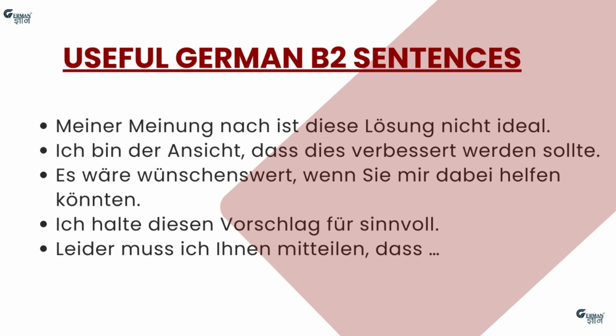Third one, Es wäre wünschenswert, wenn Sie mir dabei helfen könnten, means it would be desirable if you could help me with this. Then fourth, Ich halte diesen Vorschlag für sinnvoll, means I consider this proposal to be sensible. And the fifth one, Leider muss ich Ihnen mitteilen, dass, means unfortunately I must inform you that.